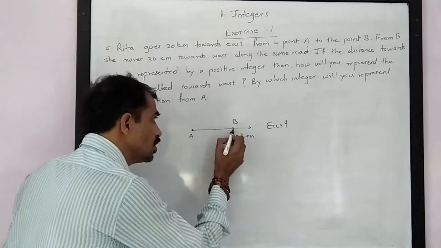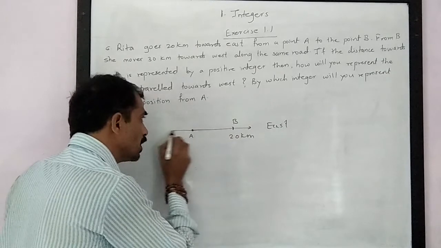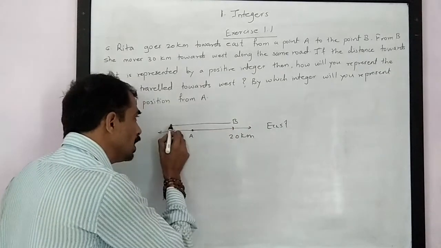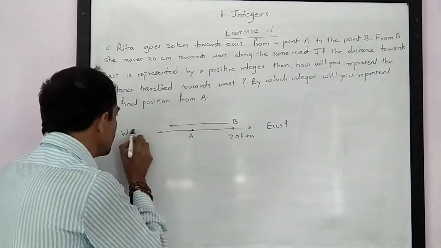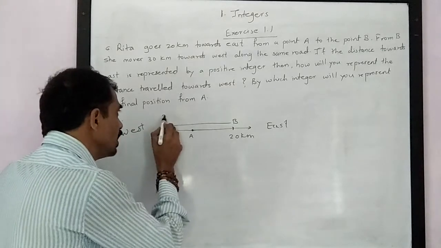Means again she moves backside 30 kilometers, from B to A side, that is west.